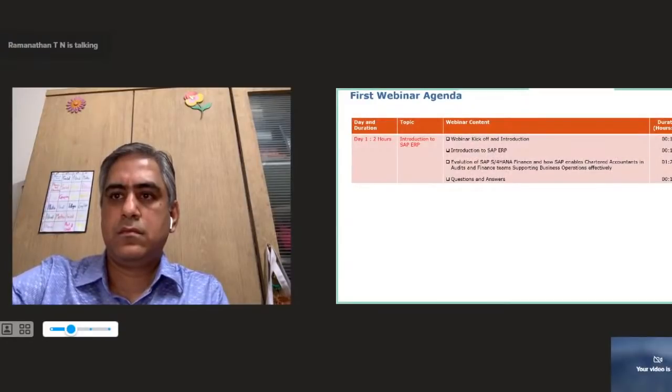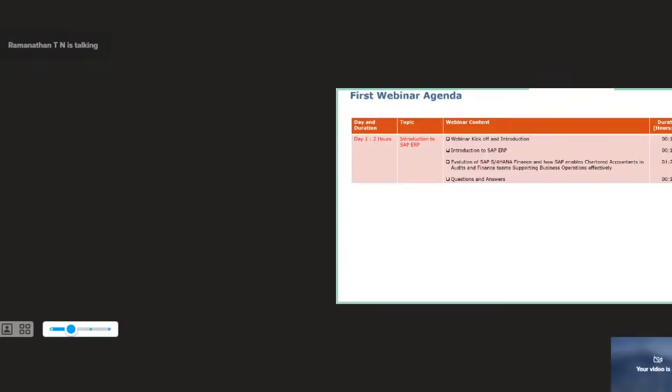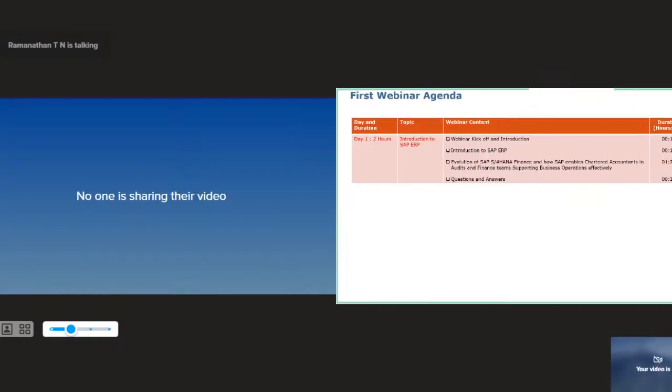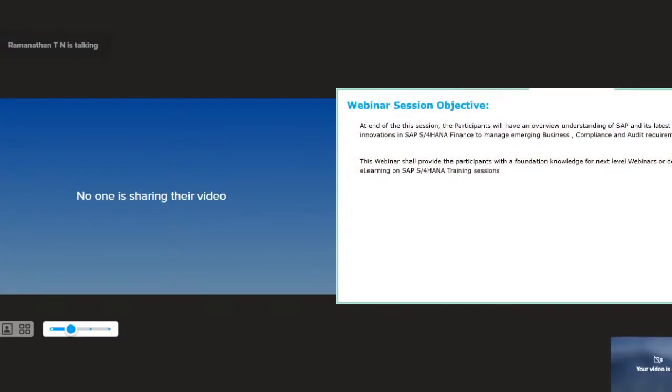Typically, we have spent the last session on an introduction to ERP, and now we are going to get into the details in terms of understanding the evolution of SAP Finance. What is the session objective?